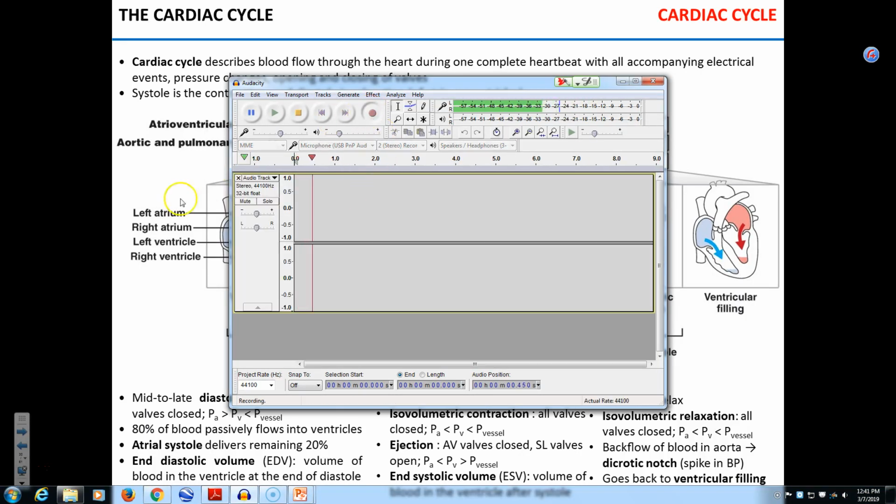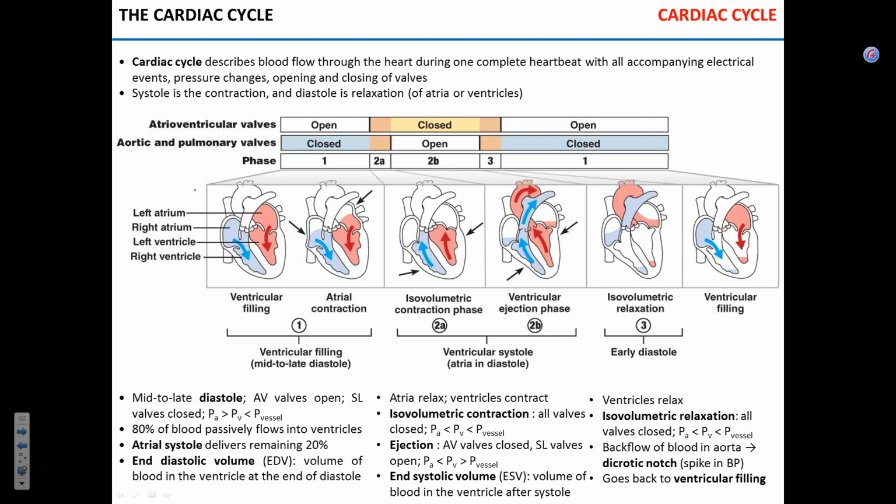Okay. So we finished the discussion of electrical activity in the heart on Tuesday. Now, look what we have learned so far, because we're going to be putting things together now. We have learned how blood flows through the heart.